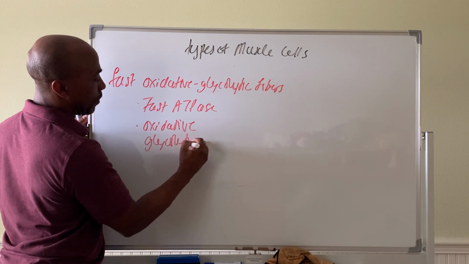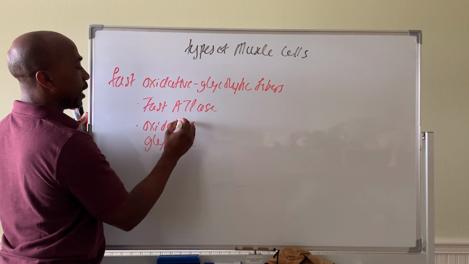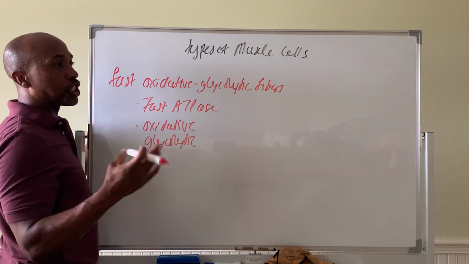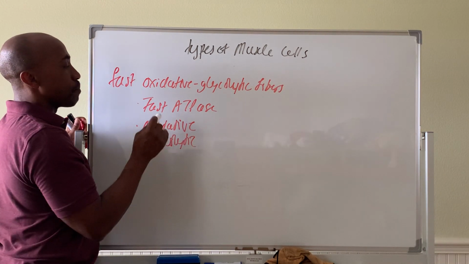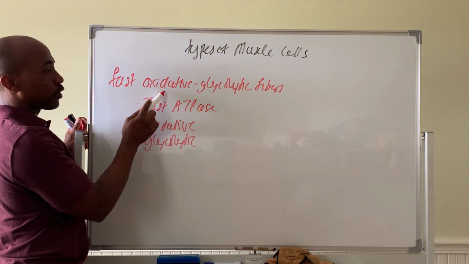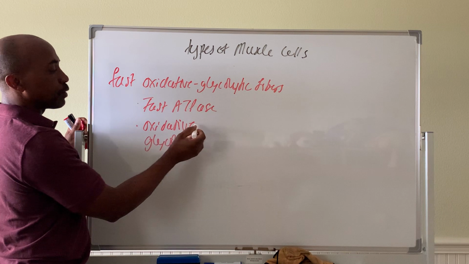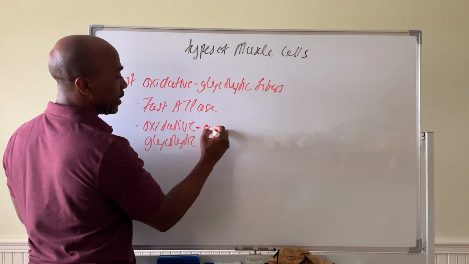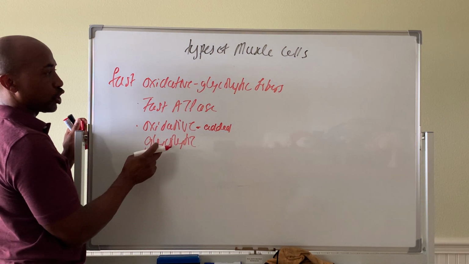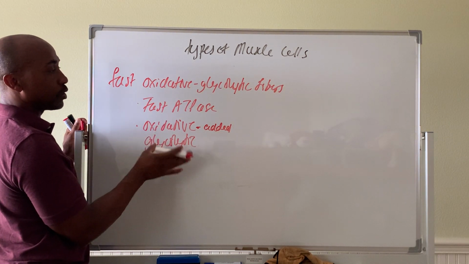Meaning over time you have trained your cells as well as to trigger some kind of genetic changes in your cells to provide the appropriate enzymes required to make these cells use this pathway as well. So this is the added pathway to the cells from here. So you're converting type 2B to type 2A fibers.